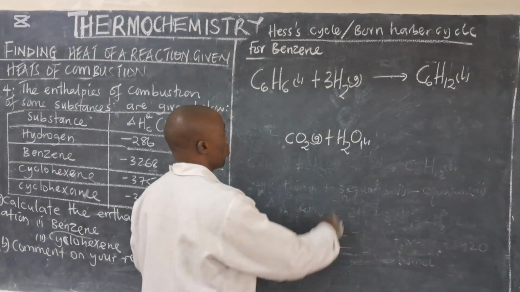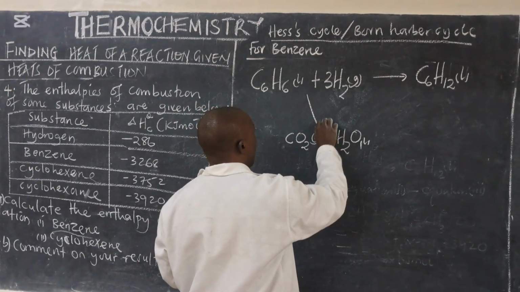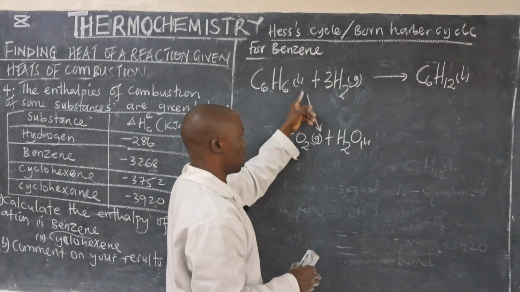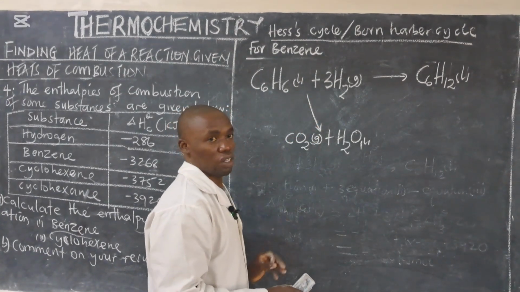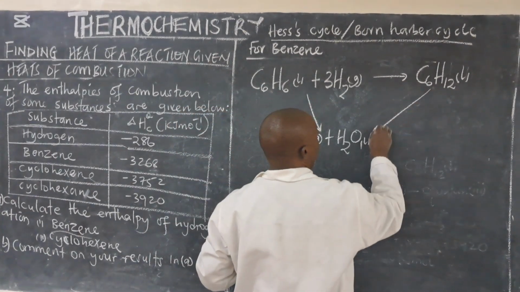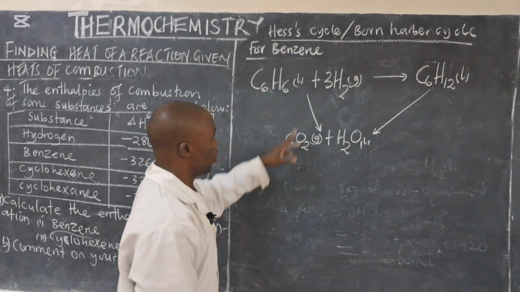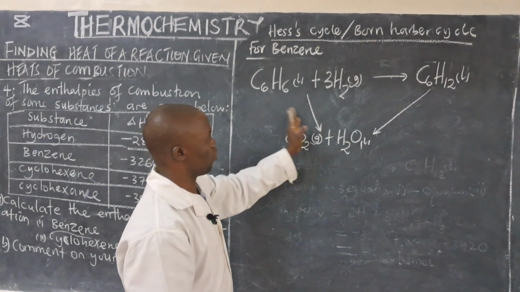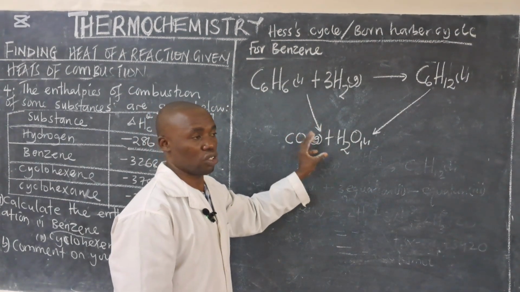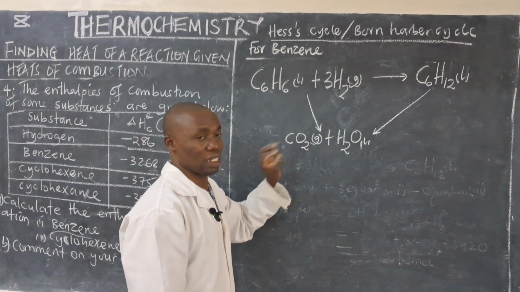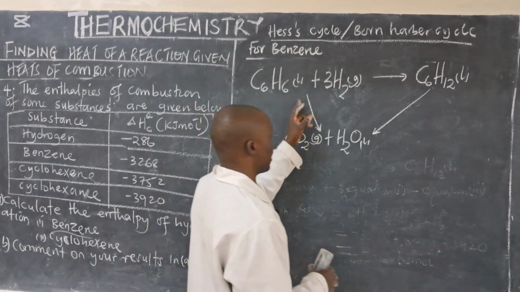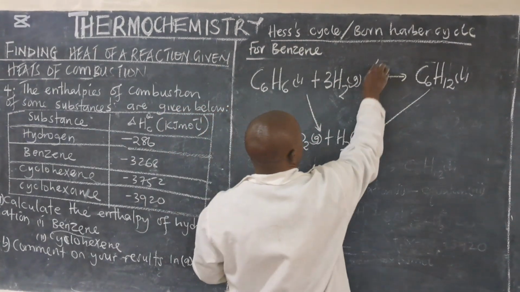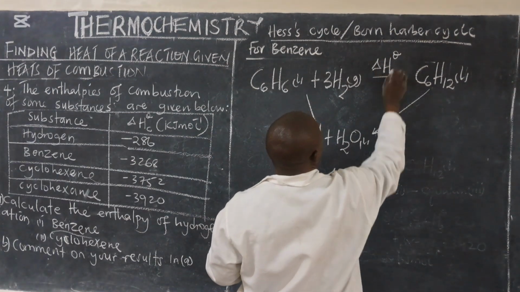So what we do, we just use one single arrow from both of them. We can draw it in the middle, showing into this, then one arrow into that. If you use two separate arrows from here, there will be a challenge in balancing the oxygen atoms there. So one is enough.